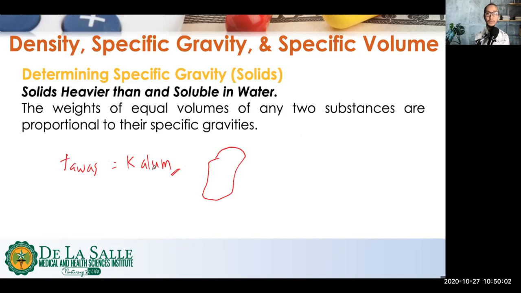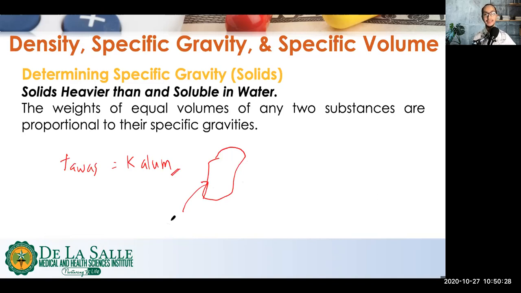Instead of using water as the immersing liquid, you will use a different substance, a substance where the solid is insoluble. So let's say an oil. An oil will not dissolve the water-soluble substance, because they have different intermolecular forces of interaction.